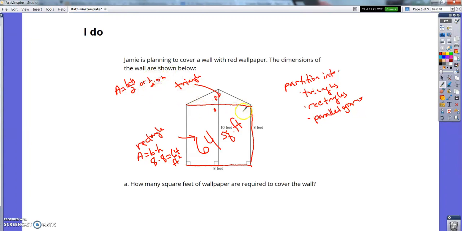So a base of 8, a height of 2, that's 16, and do not forget to multiply by 1/2 or divide by 2. That gives me 8 square feet. So for the whole figure, 64 for this, 8 for this, she'll need a total of 72 square feet of wallpaper.